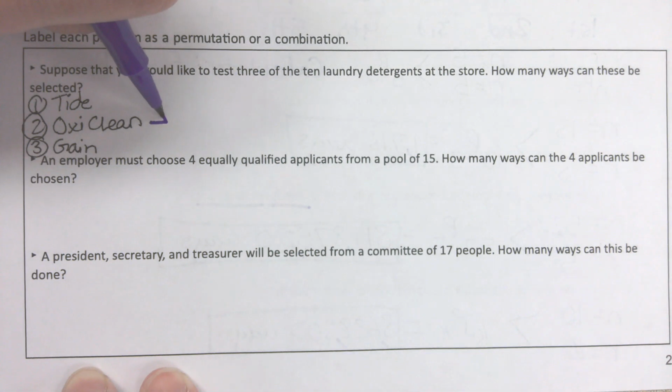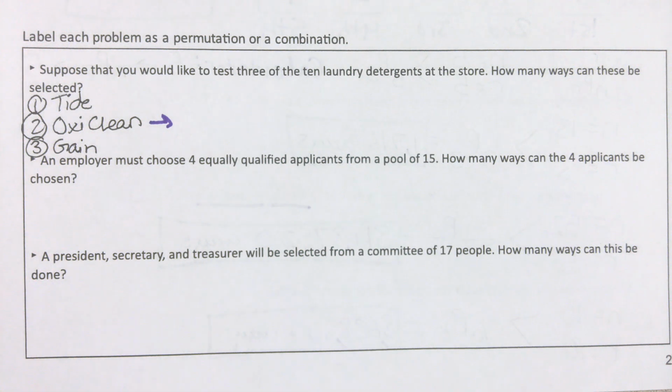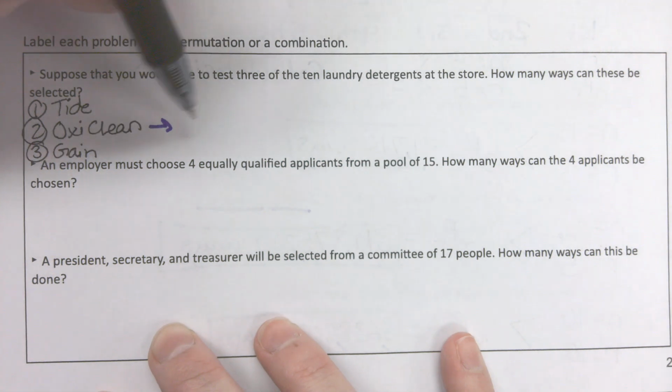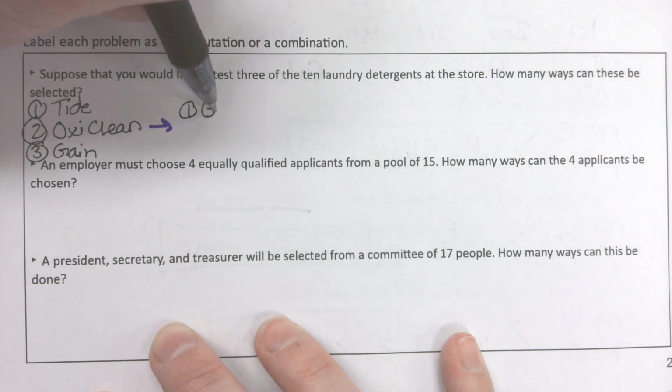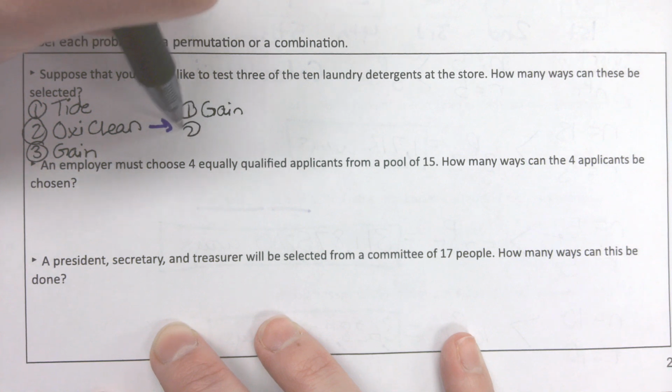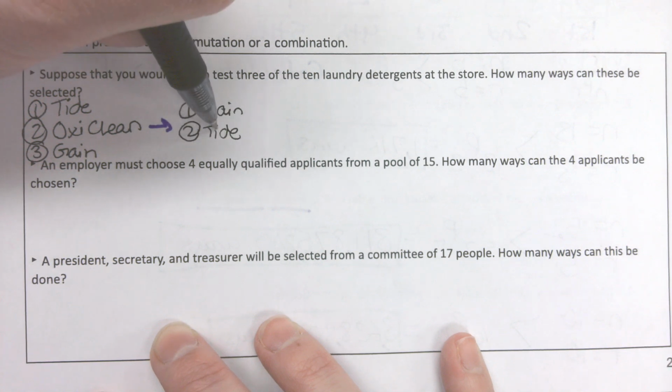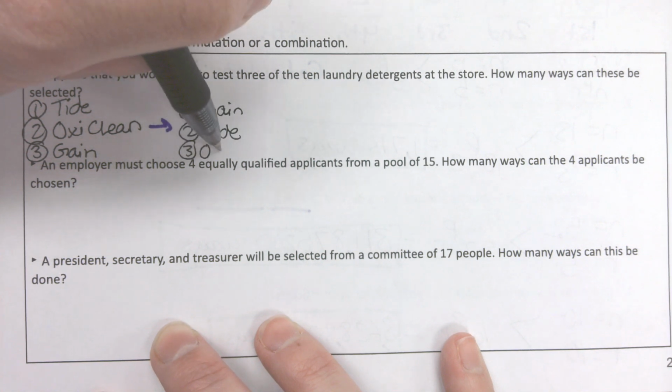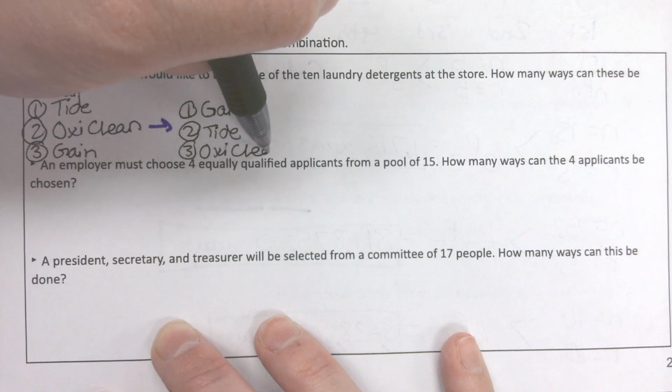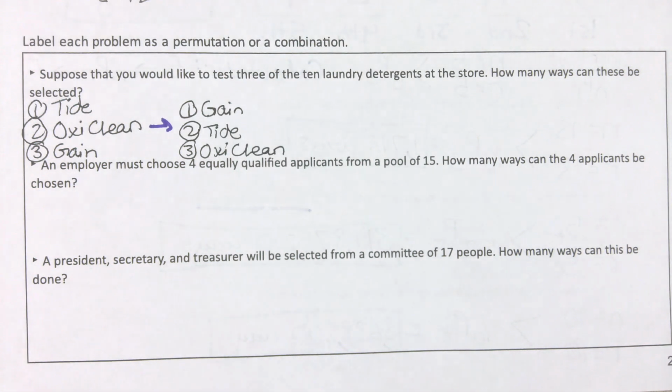So if I change 2 of the positions, let's say I pick up the Gain first, and then the Tide, and then the OxyClean. So I changed the order. Did I still walk out with the same 3 detergents? Absolutely. It didn't change a dang thing. It doesn't matter what order I picked up those 3 detergents in. So order does not matter. This is a combination.